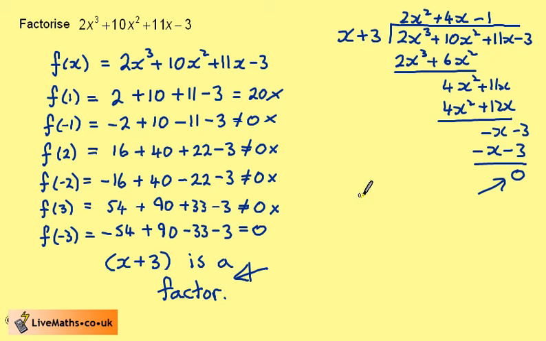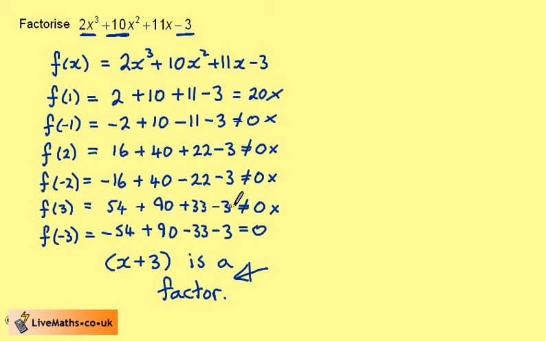This is the quotient, so we can write that f of x is equal to x plus 3 times 2x squared plus 4x minus 1. This is now factorized into two factors. And if we could factorize the quadratic, then we would do this, but in this case the quadratic does not factorize into two further brackets.